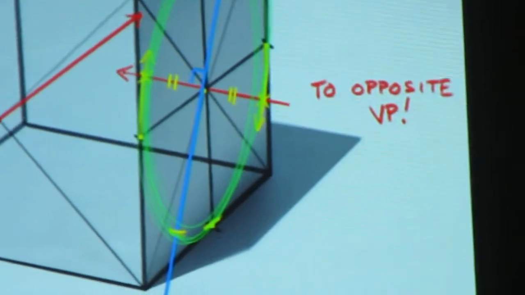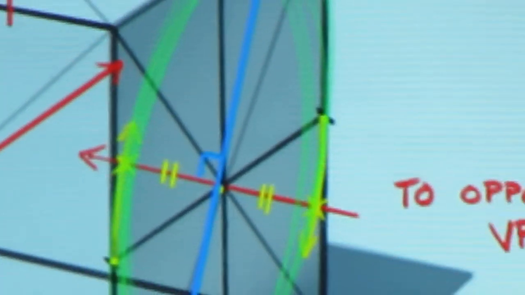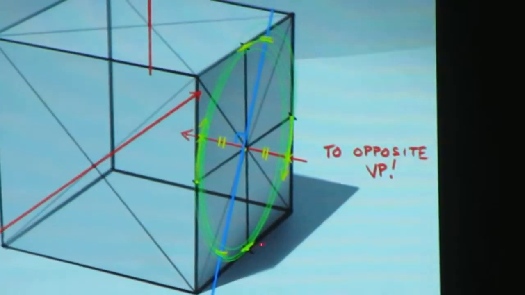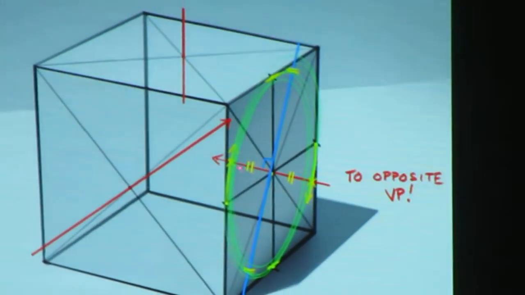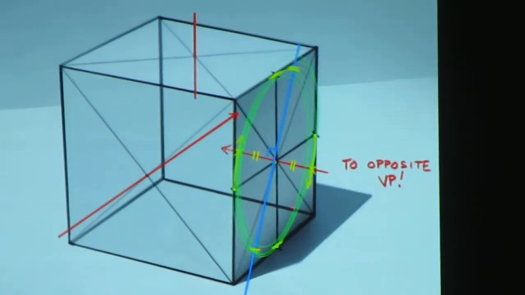Do you see how that appears to be resting properly on the side of the cube? That's how you figure it out. I'm trying to go through all of these axes points, and I'm trying to make sure it bisects and stays symmetrical across the axes.